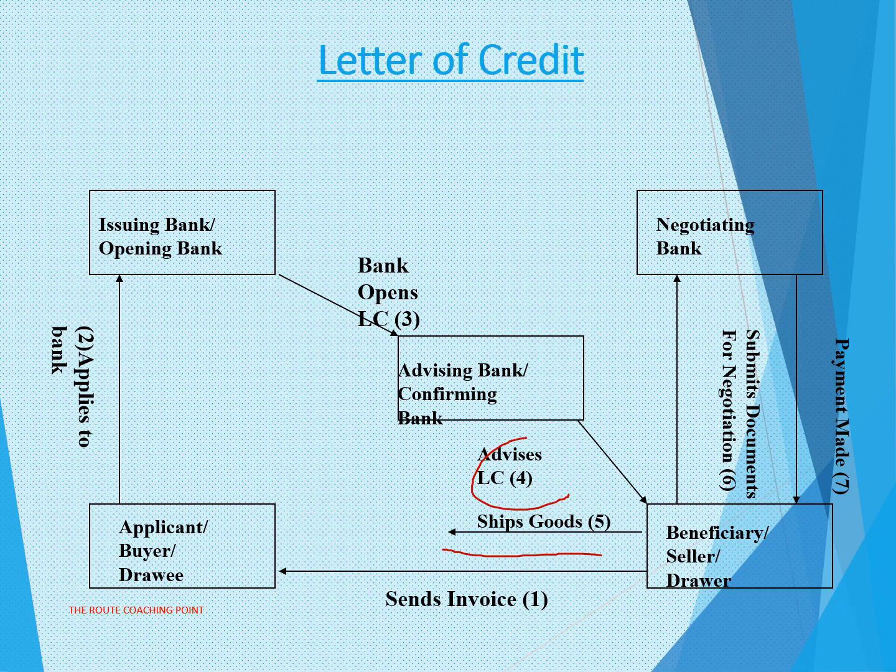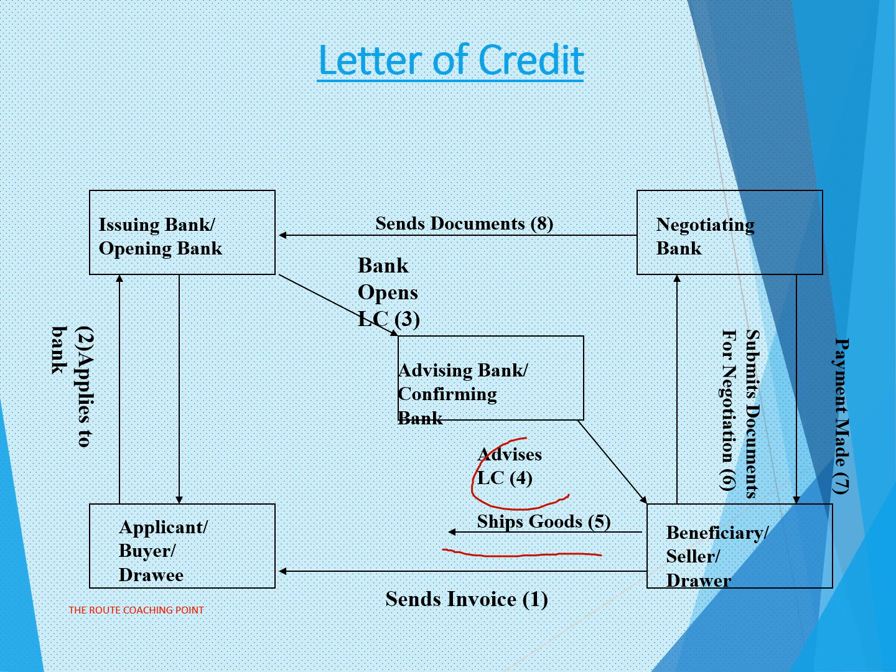Once the document is submitted, the negotiating bank will pay the amount to the beneficiary. It doesn't matter whether the goods shipped have reached the applicant or not. That's why it is also said that the letter of credit goes by the document.